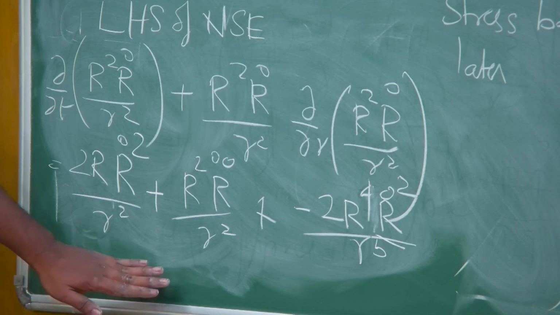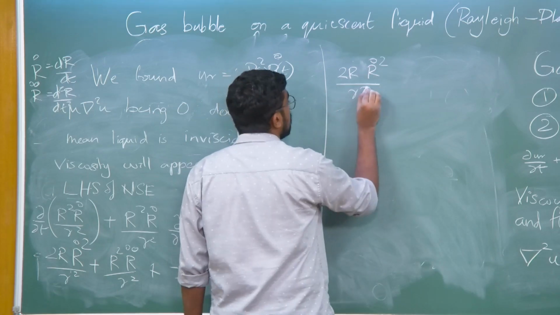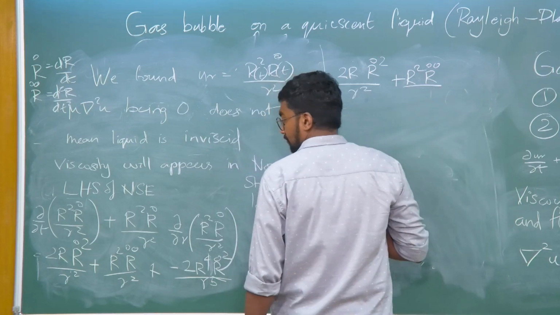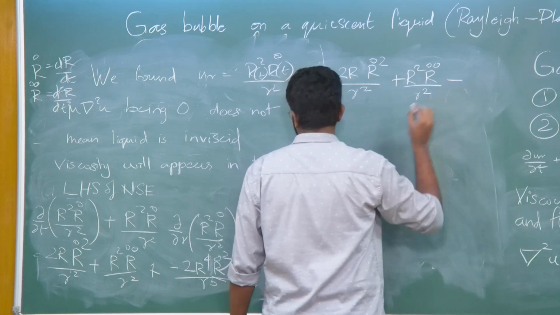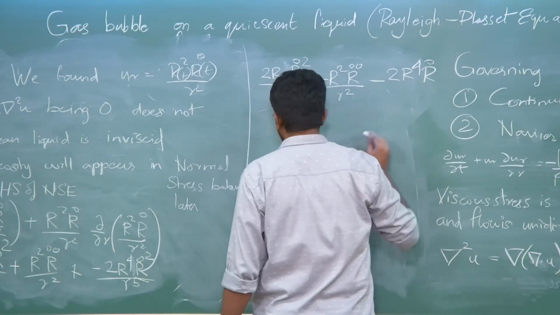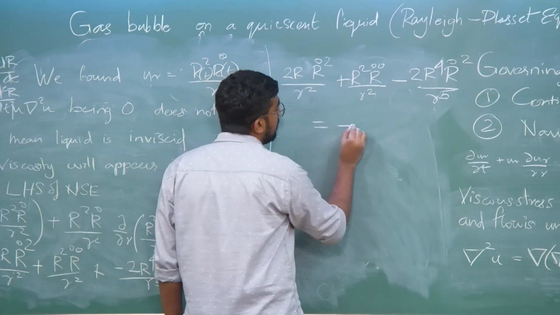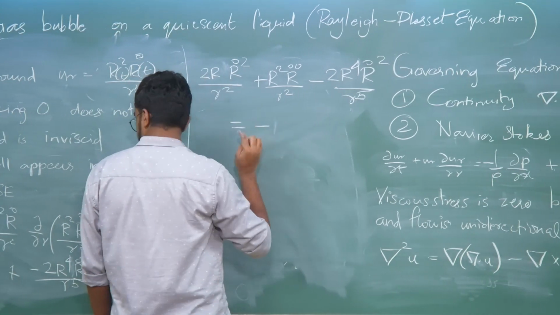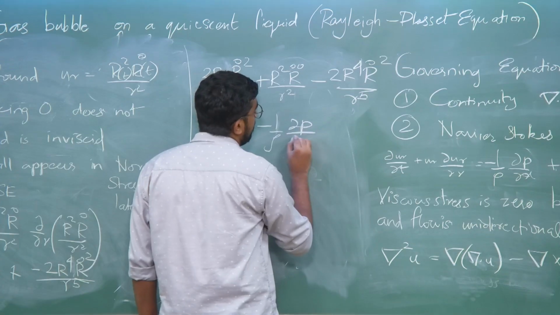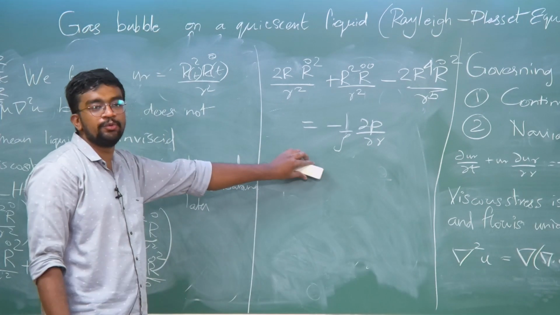Did everybody get this? This is equal to minus 1 by rho dou p by dou r.